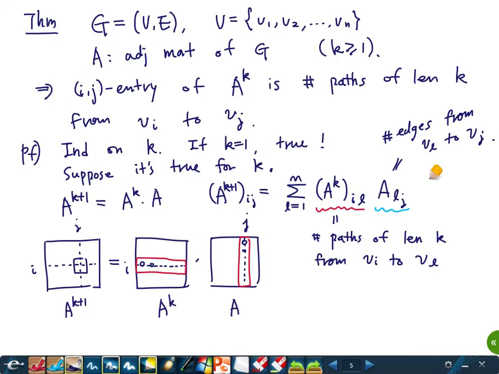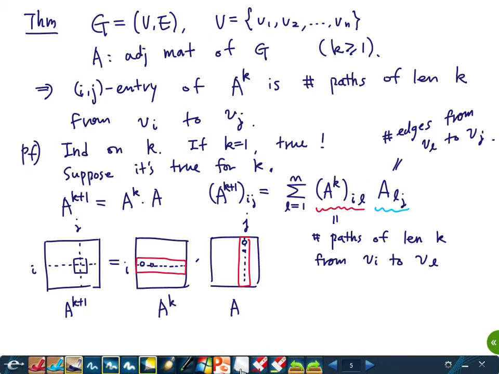I think I need more space, so I'm going to continue on the next page. So eventually we will conclude that the sum of these numbers must be equal to the number of paths from the ith vertex to the jth vertex of length k plus 1.